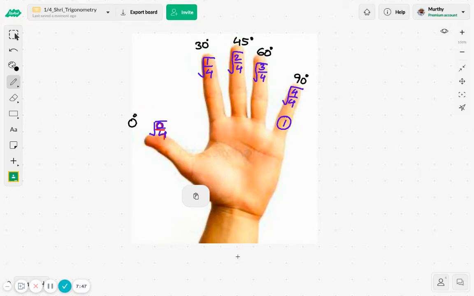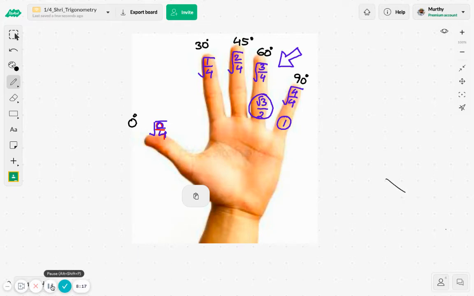When you practice this, you really enjoy it. So my thumb is 0 over 4, my index finger is 1 over 4, then 2 over 4, then 3 over 4. What is the square root of 3 over 4? Square root of 3 is square root 3, and square root 4 is 2. Therefore sine 60 equals root 3 over 2. This is how I memorized.